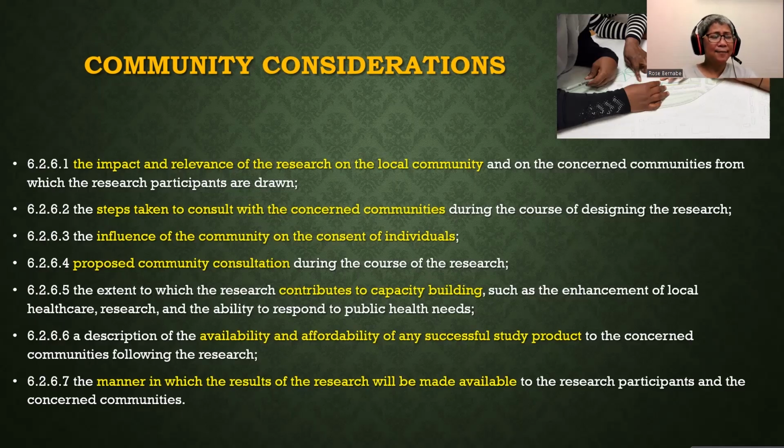Is there a need, for example, to secure the consent or the agreement of the local chieftain first before individual consent is made possible, or would individuals already say yes if their chieftain already said yes? I mean, these are things that need to be considered by research ethics committees. Proposed community consultation during the course of the research, if there's any, and if there's none, then maybe the question is why none.